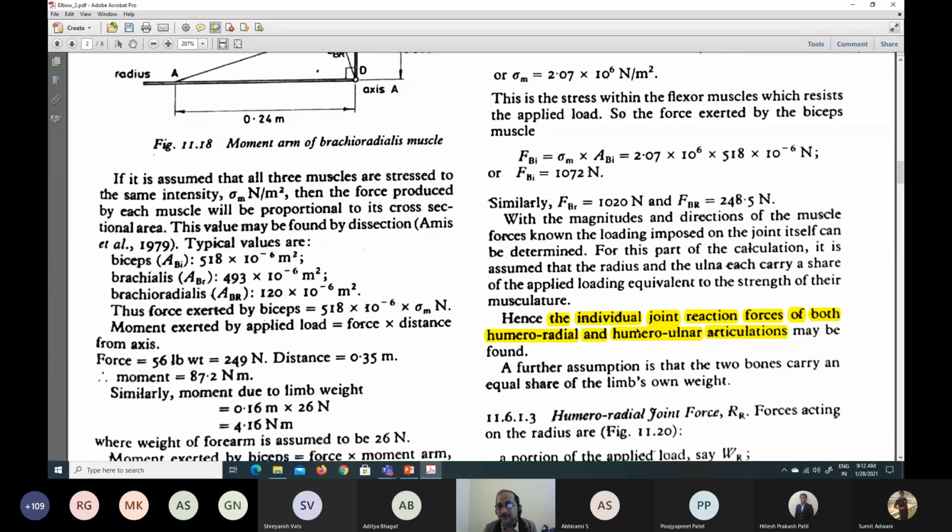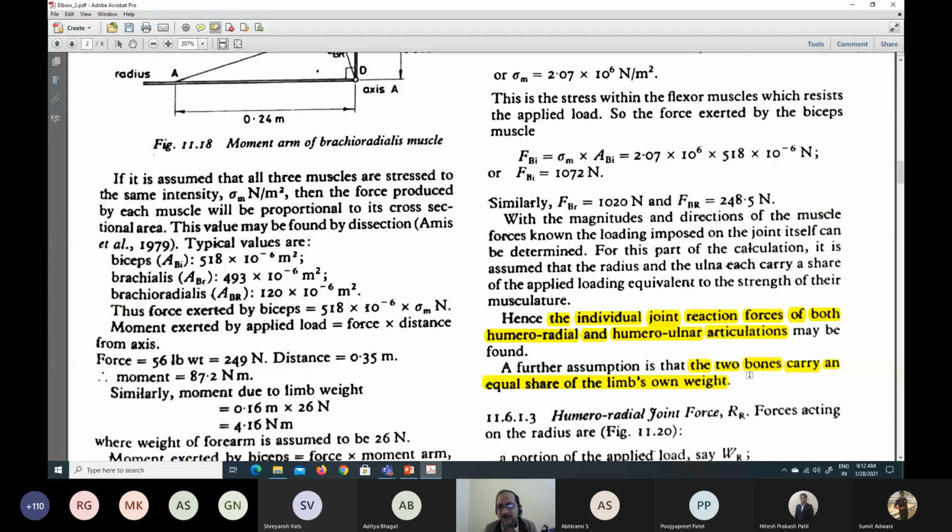But we have to remember the fact that we did not consider the humeroradial and humeroulnar articulations separately. So we assume that these two bones carry an equal share of the limb weight.